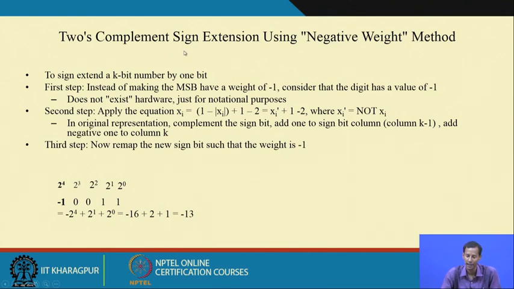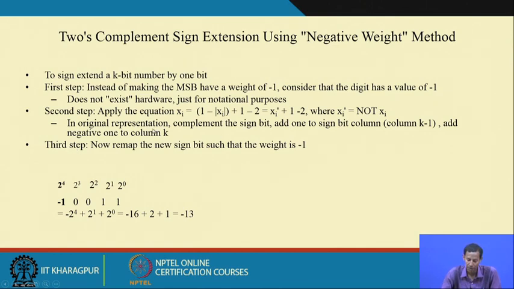Then the 2's complement sign extension method: how can we sign extend a k bit number by 1 bit? The first step is that instead of making the MSB have a weight of minus 1, consider that the digit has a value of minus 1, which does not exist in hardware, because this is just for notational purpose. In the second step, apply this equation, where xi dashed represents the inversion of the xi bit.